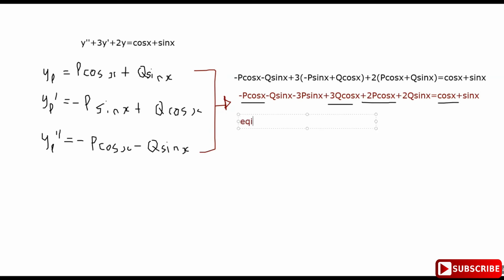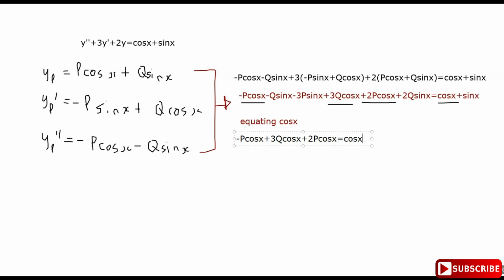So equating cos x, we're getting minus p cos x plus 3q cos x plus 2p cos x, and that is equal to cos x.